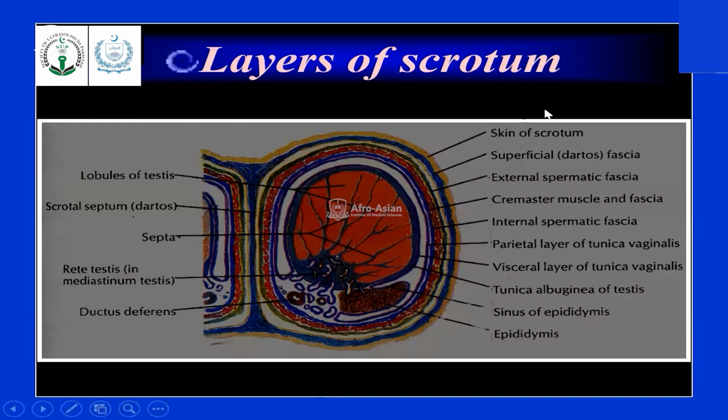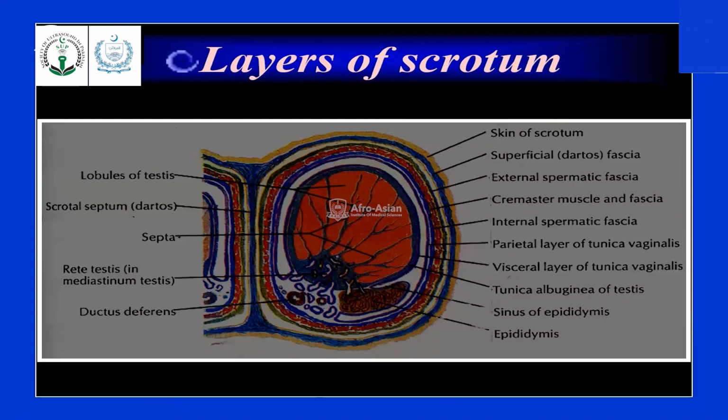Here are these layers. You can see the skin, superficial fascia. Then we have the external spermatic fascia. This is the cremasteric muscle and fascia, internal spermatic fascia.